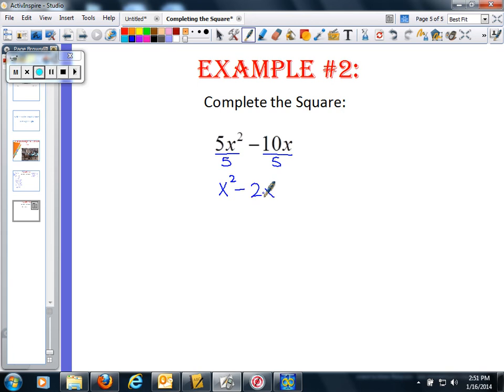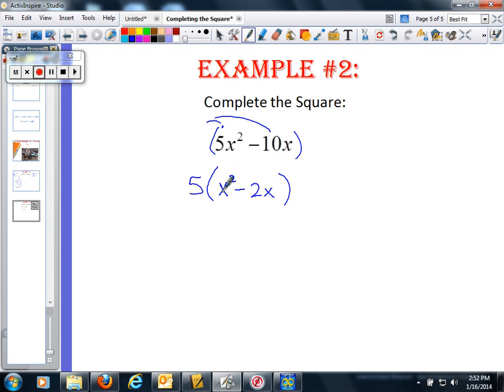Let me rewrite this slightly different. What I'm actually going to do here is pull out a 5. Alright? So this is going to look something like this. Now we've got 5 times (x squared minus 2x).